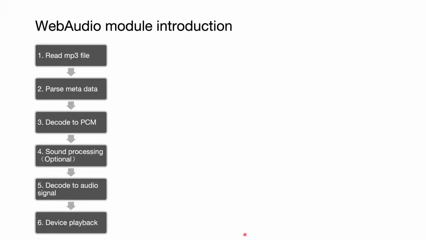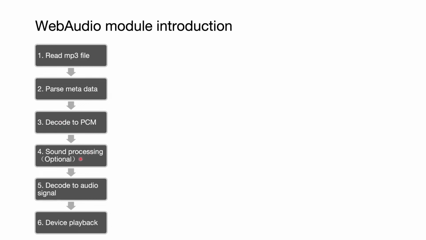First, we read an MP3 file from disk. Second, we analyze information such as sample rate, bit rate, duration, and so on, and split audio frames in the MP3. Third, we decode the split audio frames to get PCM data.